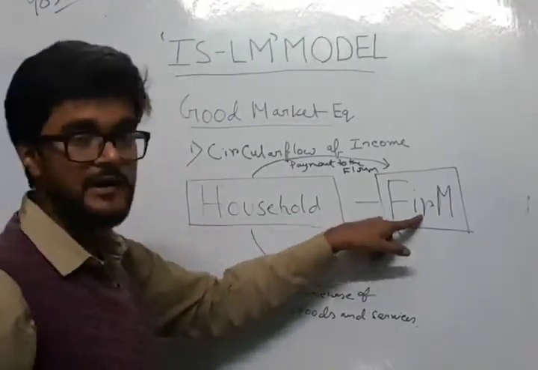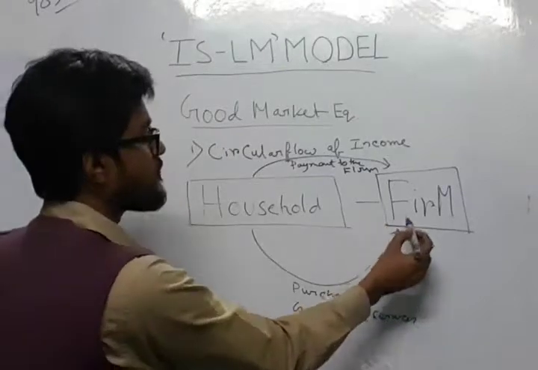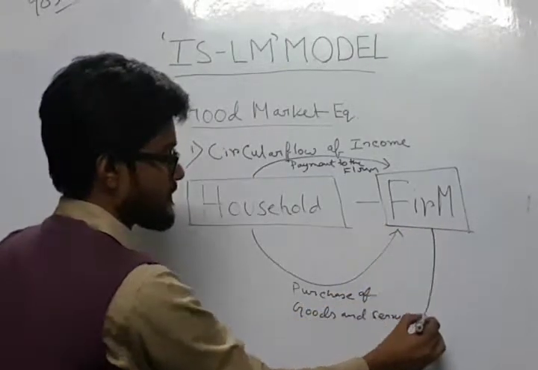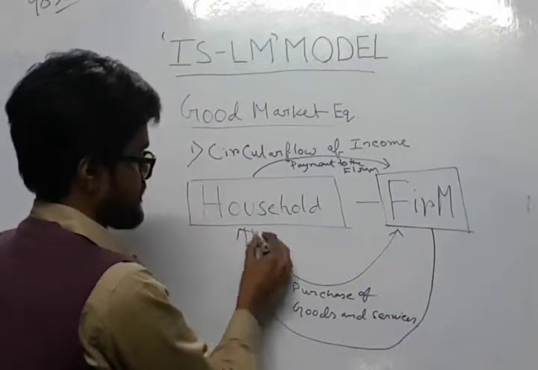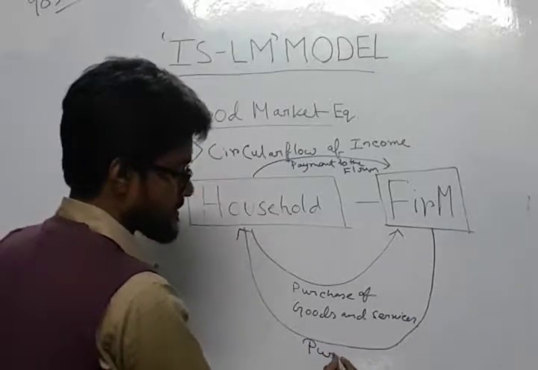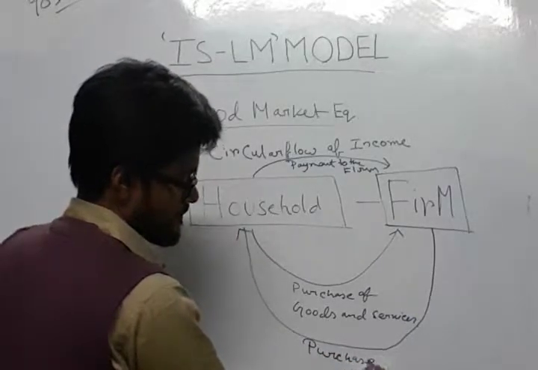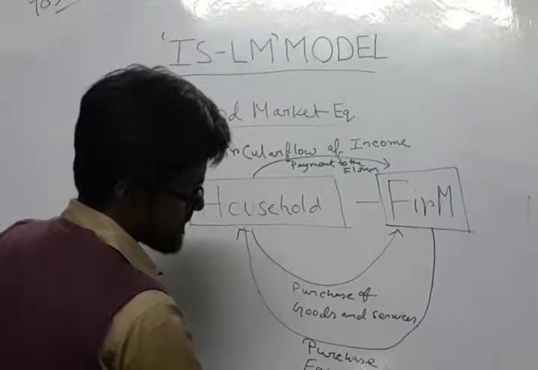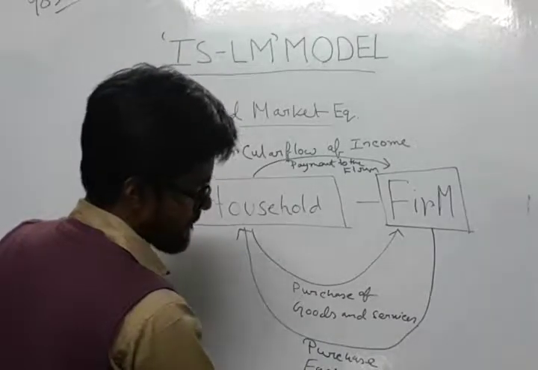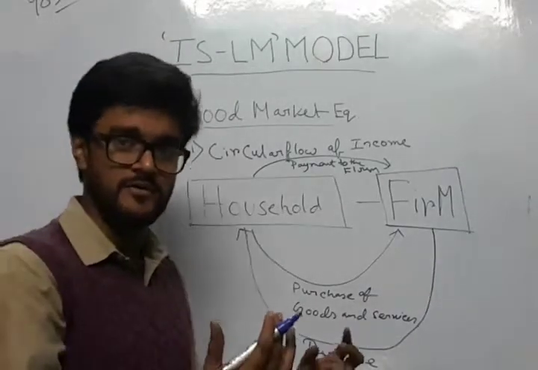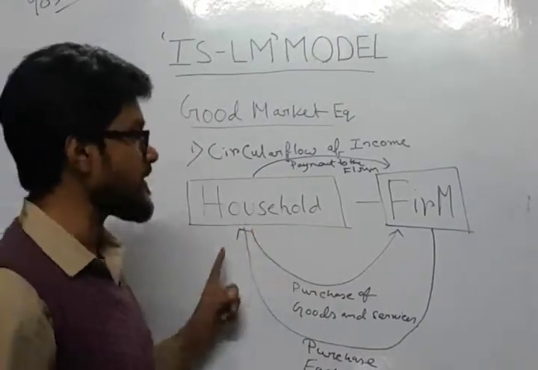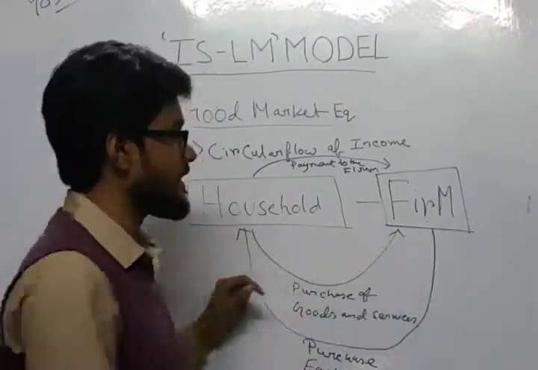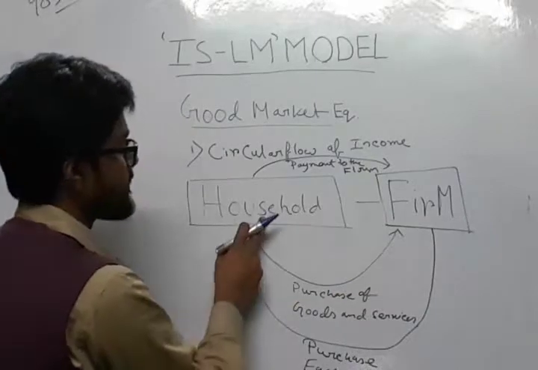Now, what will a firm do? A firm will purchase factors. Factors means what? Let's say labor. The household provides labor to a firm and the firm buys it from the household.